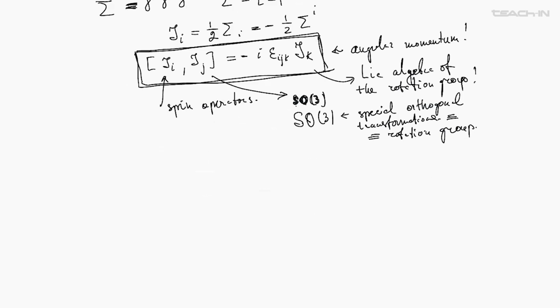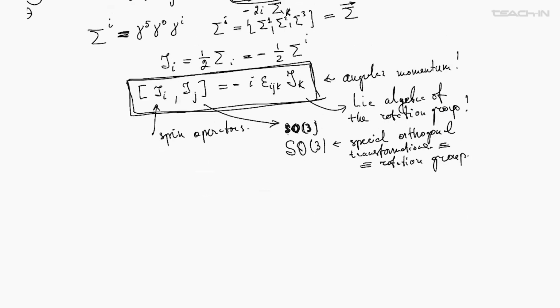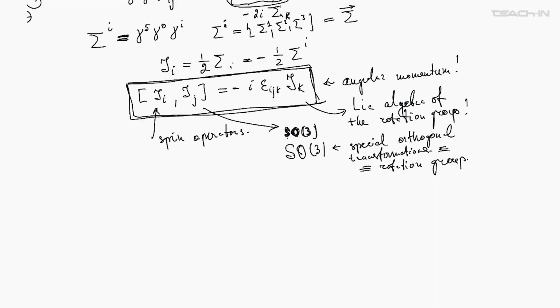And now what we see here is that we realize these special orthogonal transformations at the level of the Lie algebra by 4x4 matrices J^i, which we construct via gamma matrices.